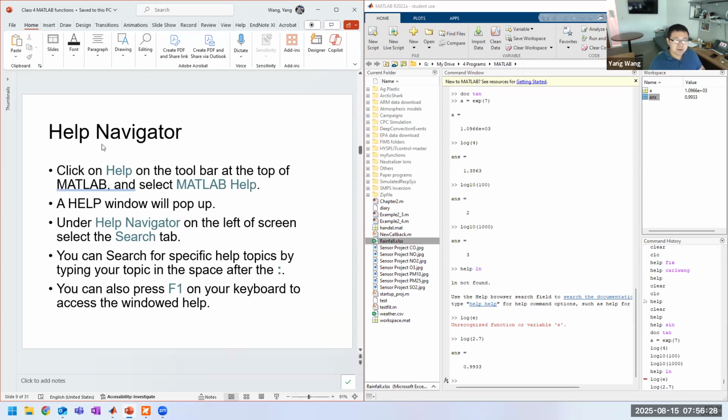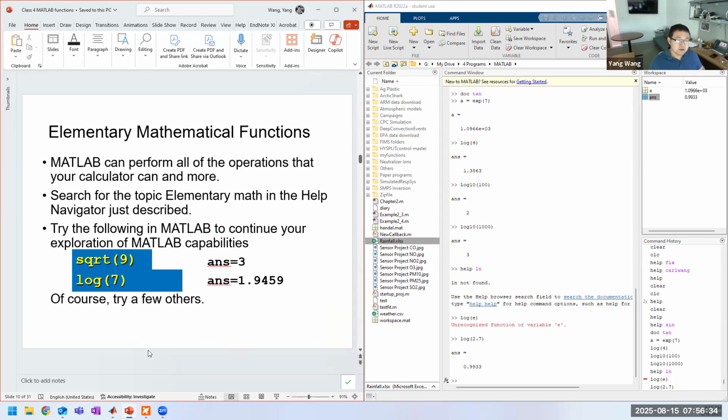So basically you can access the navigator and look at the different functions that are built into MATLAB. In this class, we're going to demonstrate some examples of the built-in functions, and also see how we can use these functions in a few engineering problems.